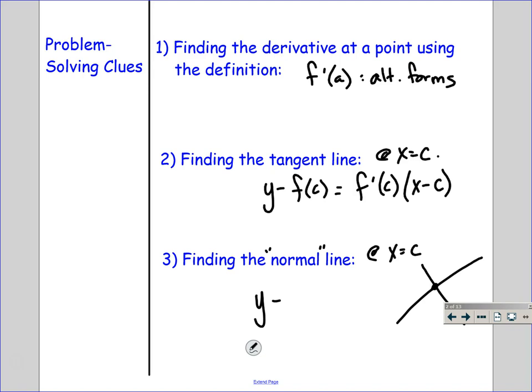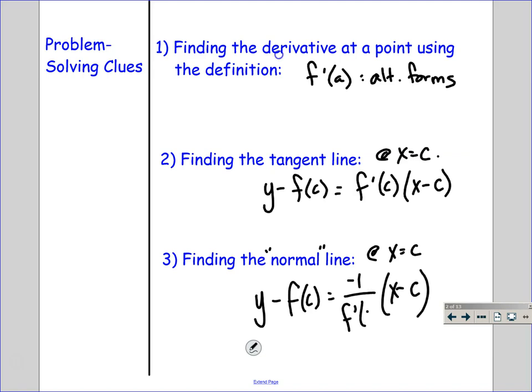That's the one point they share. So therefore, what doesn't change? Yeah, the f of c. But what does change? 1 over, or negative. You guys agree? Need the opposite and the reciprocal. Need the opposite and reciprocal. Normal, perpendicular. Ooh, here's the other snazzy word. Does anybody know the other snazzy word for perpendicular?